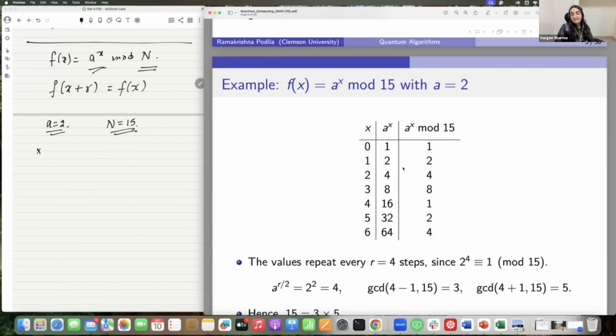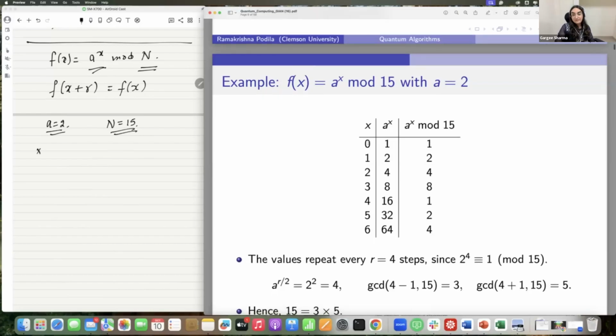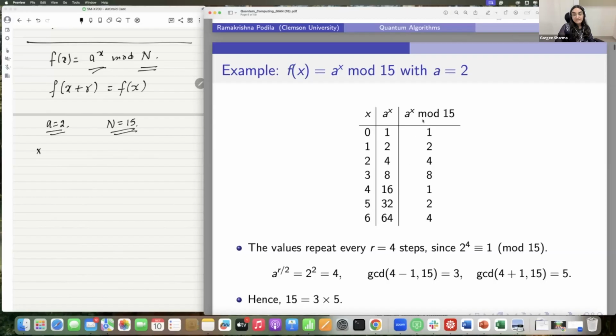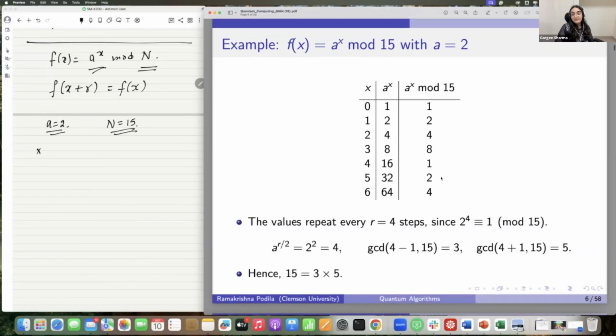And then this table basically tells you, let's say x can take some integer value, 0, 1, 2, 3 and so on, and this is a power x and this is a power x modulus 15. So we see a power x mod 15 is 1, 2, 4, 8, and then when a power x is 16, 16 divided by 15, the modulus is 1.